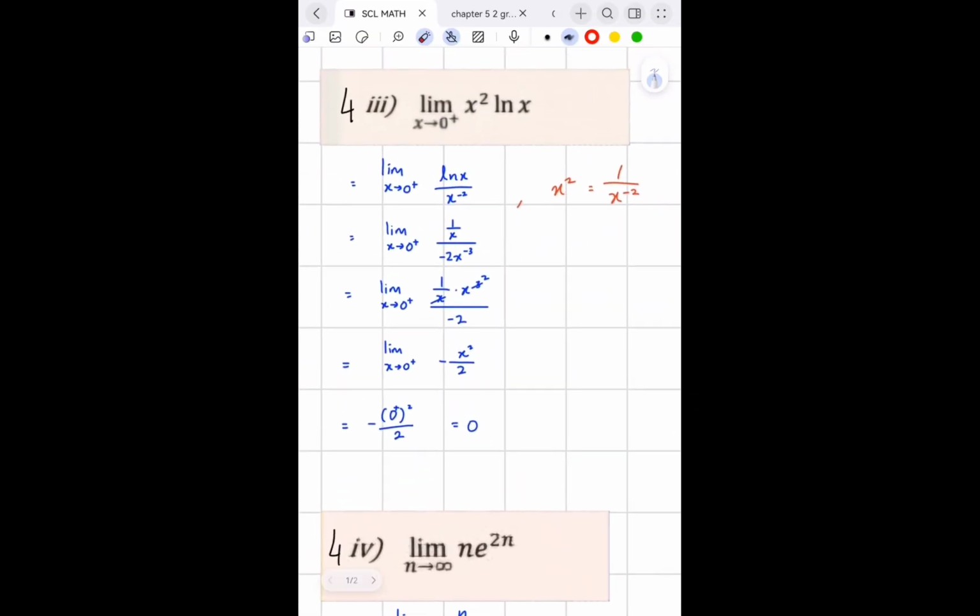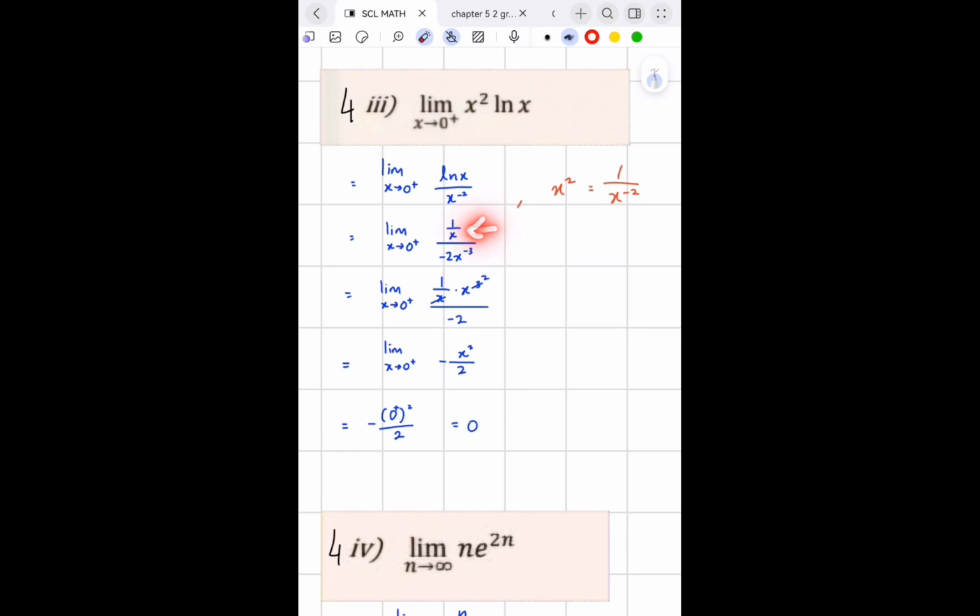So I will explain question 4, part 3, the limit as x approaches 0 plus of x squared ln x. So here, the limit as x approaches 0 plus of ln x over x to the power of negative 2, because x to the power of negative 2, if we bring it here, we will get x squared. So we differentiate ln x, it will become 1 over x.